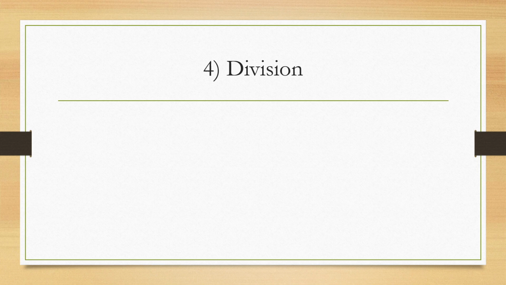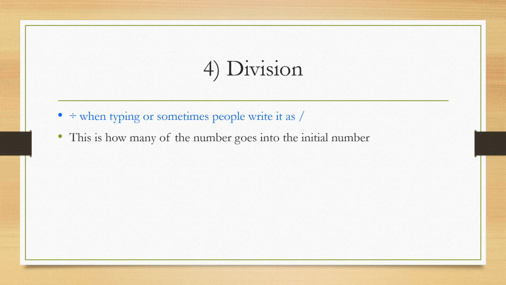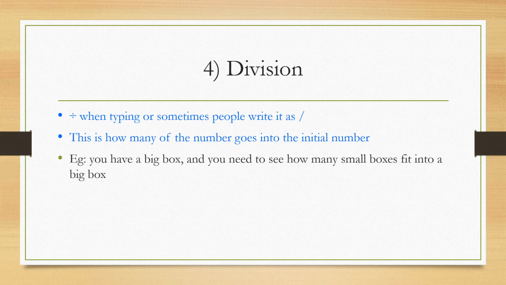Division. So this is the division symbol, the mathematical symbol for division. So here it is. When typing, or sometimes some people write division as this. So I'll show you how it's done. What is division? Division is how many times a number goes into that initial number. For example, say that you have a big box, okay?